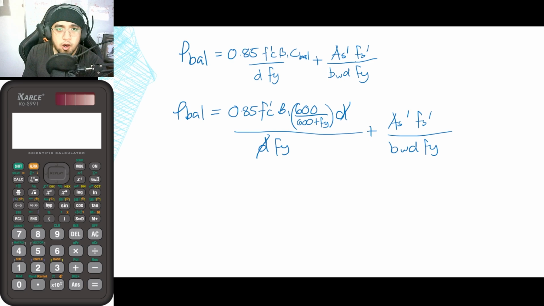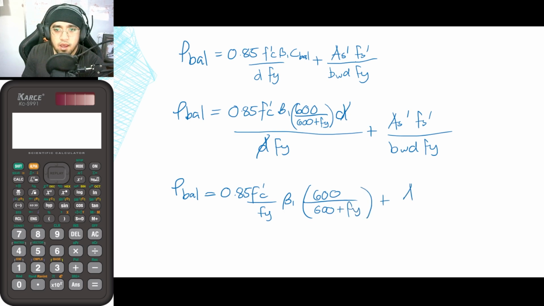Then simplifying this equation further, rho balance is now equal to 0.85 F prime C divided by Fy times beta 1 times 600 divided by 600 plus Fy plus AS prime divided by BWD times Fs prime over Fy.